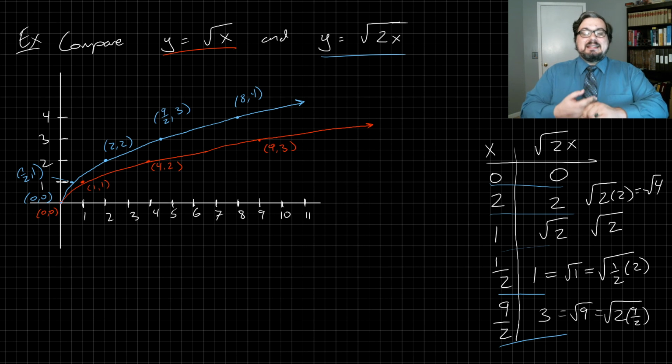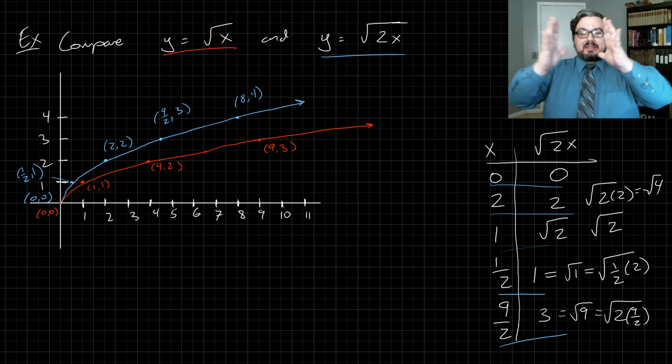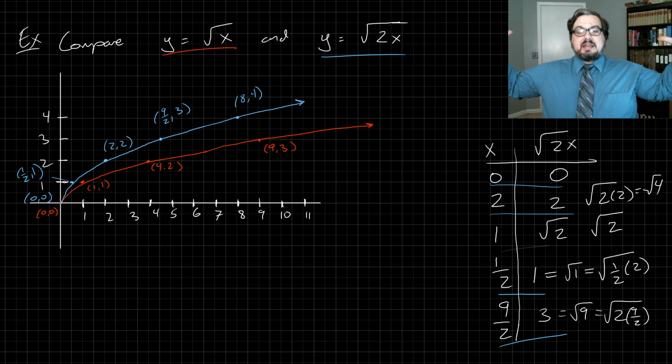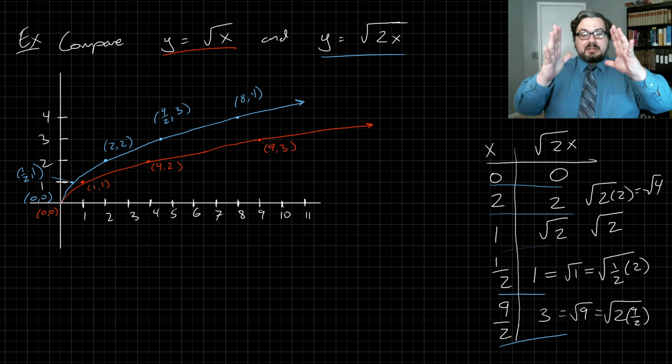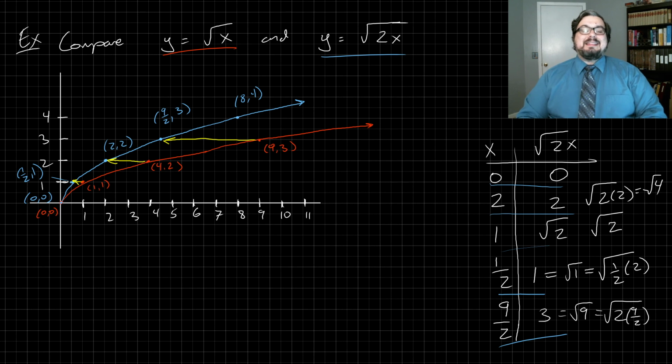And what we can see here is that we've compressed things horizontally. If we take the red graph and we squeeze it together, then we'll get the blue graph. In fact, notice that every one of the points on the blue graph comes from a point on the red graph that we get by dividing the x coordinate by 2.